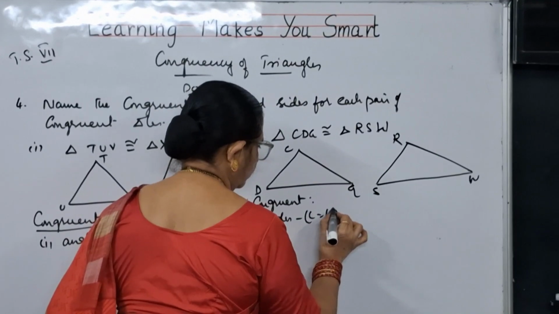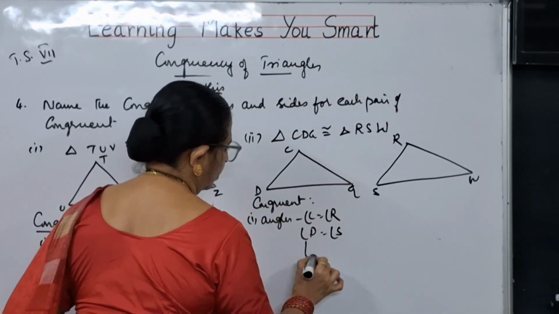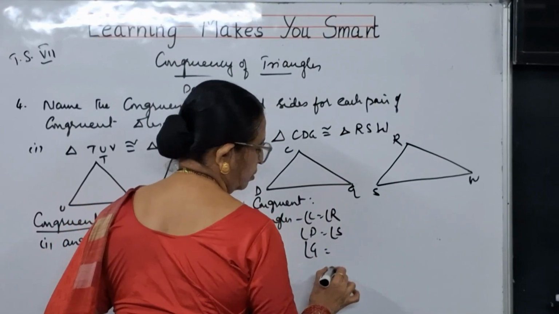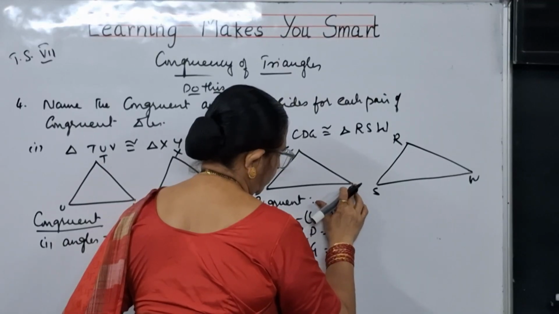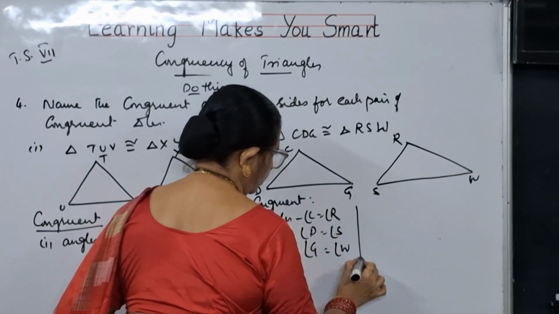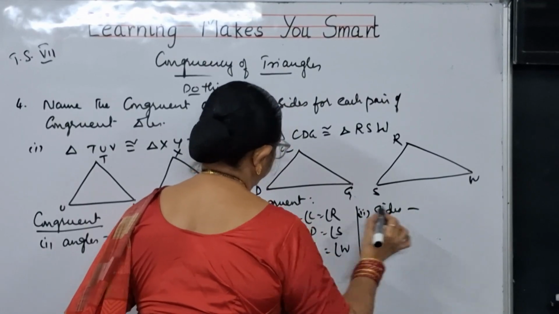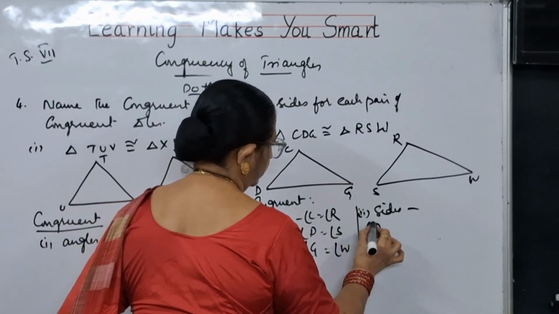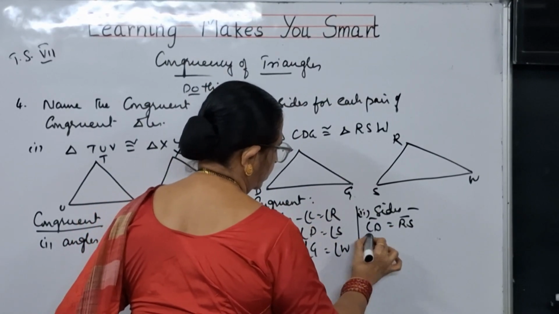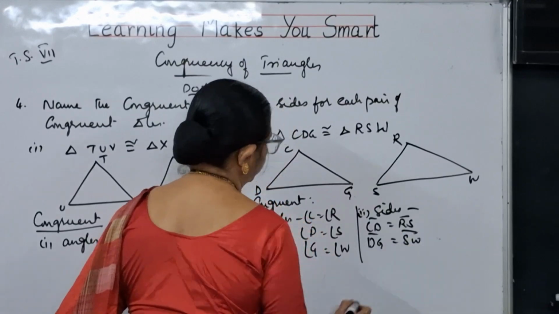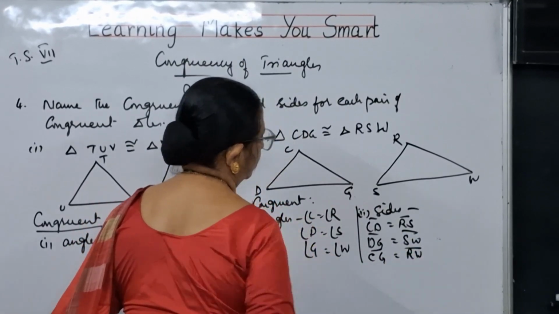Angle C is equal to angle R, angle D is equal to angle S, angle G is equal to angle W. This is G. Next, we talk about sides. CD is equal to RS, DG is equal to SW, CG is equal to RW.